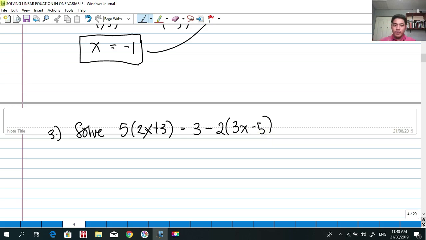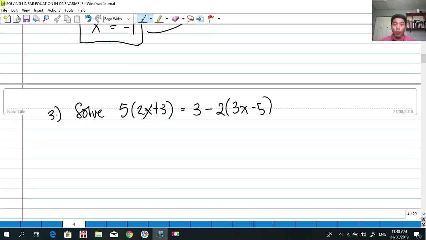Still, we need to simplify this linear equation such that we're going to isolate x. But before that, we should be able to simplify the equation first. So, by distributing this 5 into these terms, we have 5 times 2x, that should be 10x, plus 5 times 3, that's 15. 3 minus, of course, 2 multiplied by 3x and minus 5.